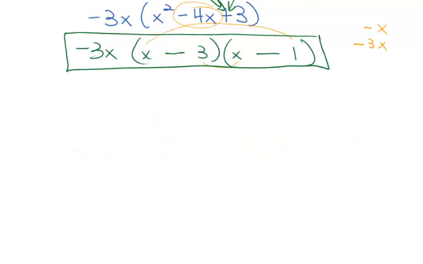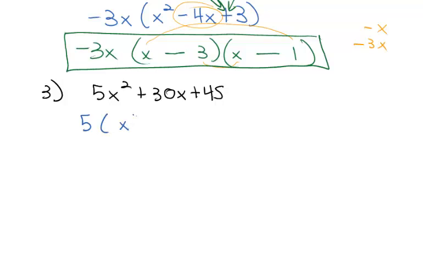Let's do another one. How about 5x squared plus 30x plus 45? Again, the first thing we're going to look for is the GCF of 5. Leaves behind x squared plus 6x plus 9. Still with the 5 out front.